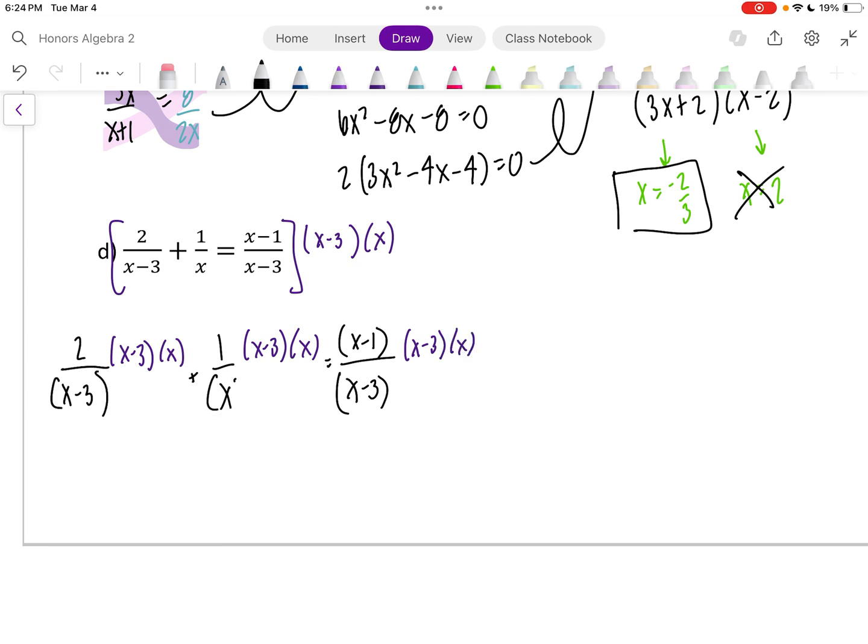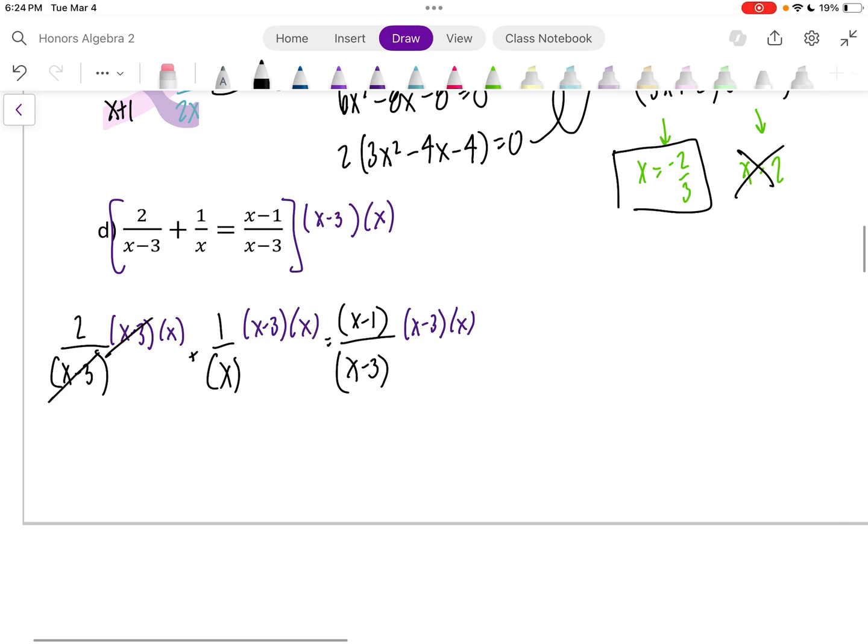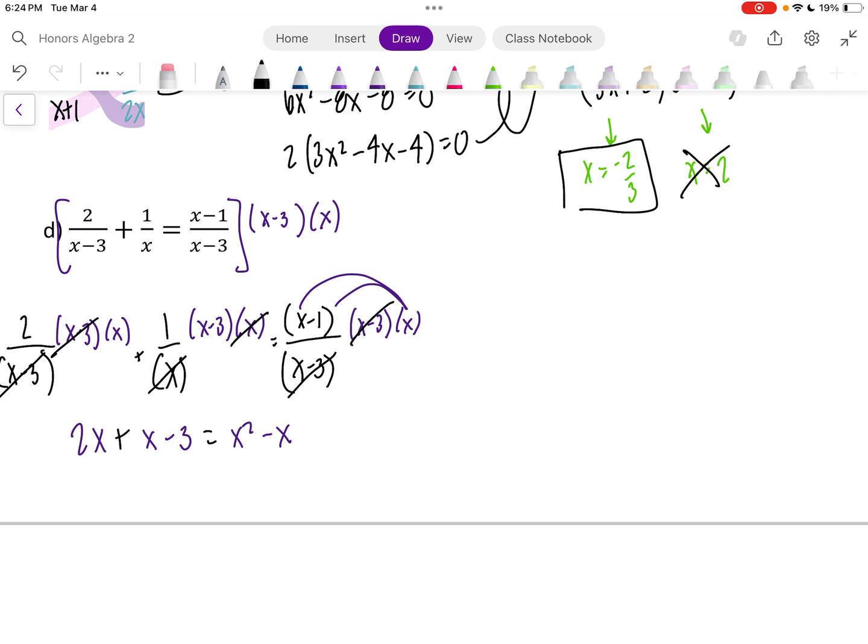So then when you go to cancel, the x minus 3's cancel, so we're left with 2x here plus the x's cancel, so that's just going to be x minus 3 because it's times 1, and then over here the x minus 3's cancel, so we're left with equals x squared minus x. Okay, so let's combine like terms, move everything over so we can factor.